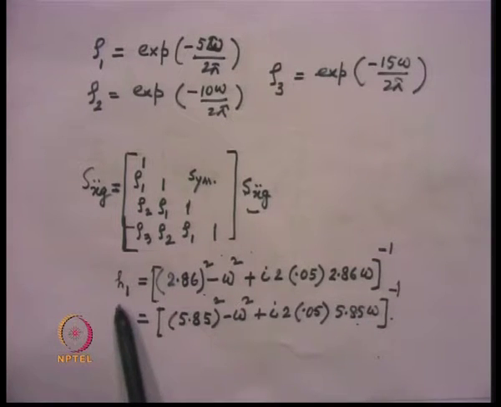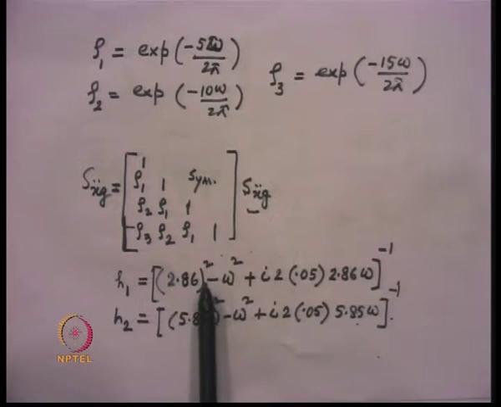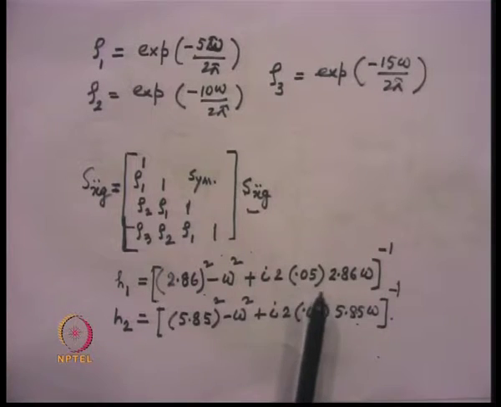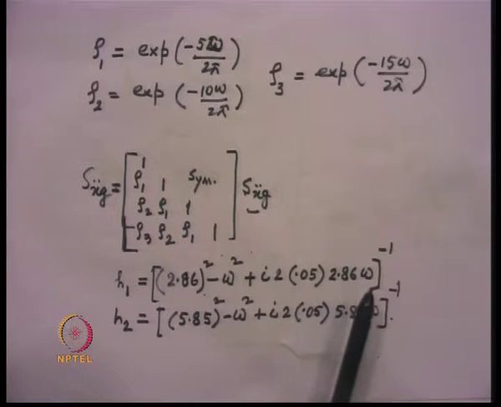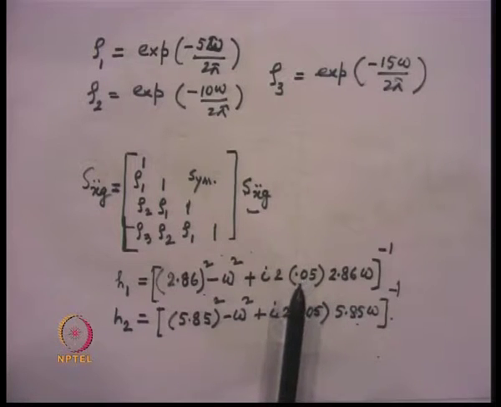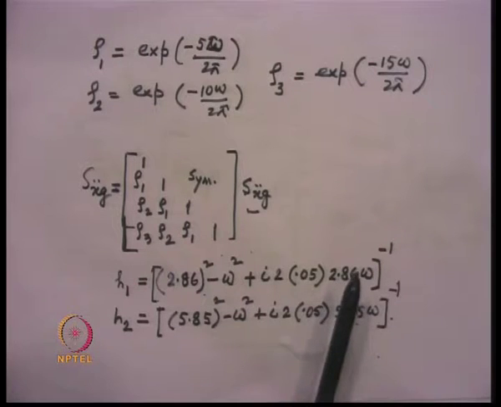H1 and H2 are written with the help of the first frequency and the second frequency. The first frequency is 2.86, therefore the first term will be omega n square minus omega square, and the second term is i 2 eta omega n into omega. Eta is 5%, therefore it is 0.05, and omega 1 is 2.86.